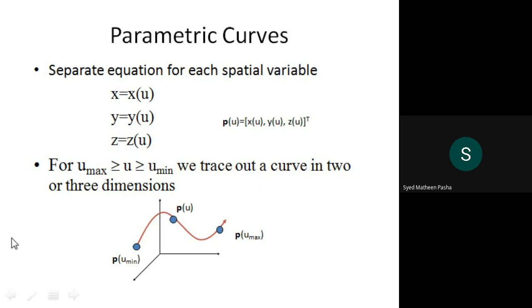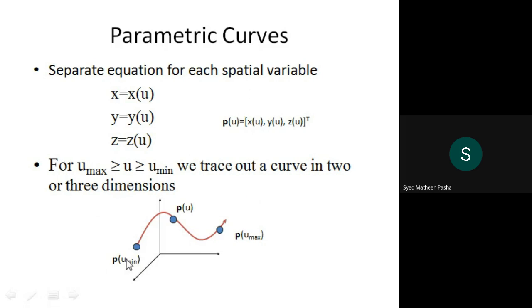You have a condition as well for parametric curves, for u max, the maximum value, and the minimum value. If u lies between them, that is the initial point with respect to the curve, we trace out a curve in 2 or 3 dimensions. That is, if this condition is met, you will say the curve is in 2 dimensions or 3 dimensions. This is an example of a parametric curve, and this is how it looks.